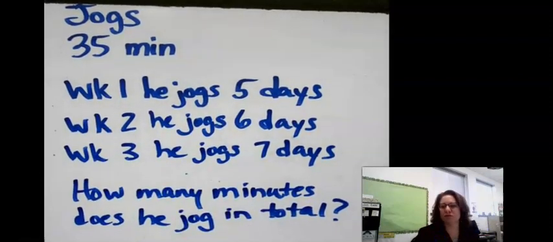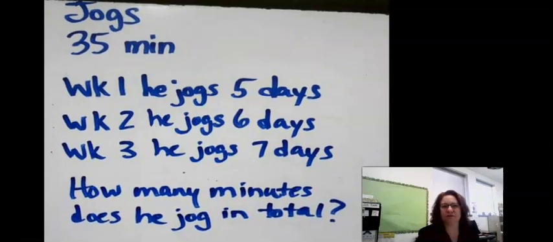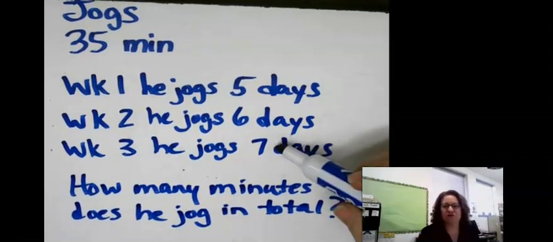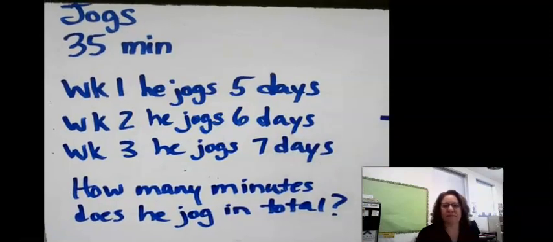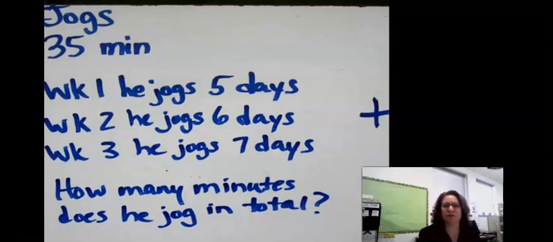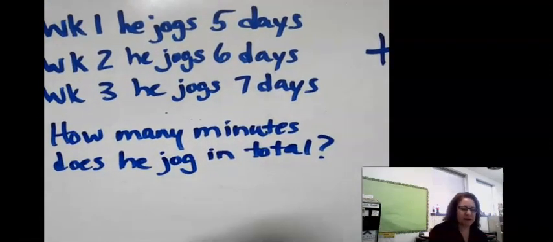Okay, so total, we are going to have to figure out how many days he jogged. So we're going to add week 1, week 2, and week 3 together to give us the total number of days. That will be first step, okay?